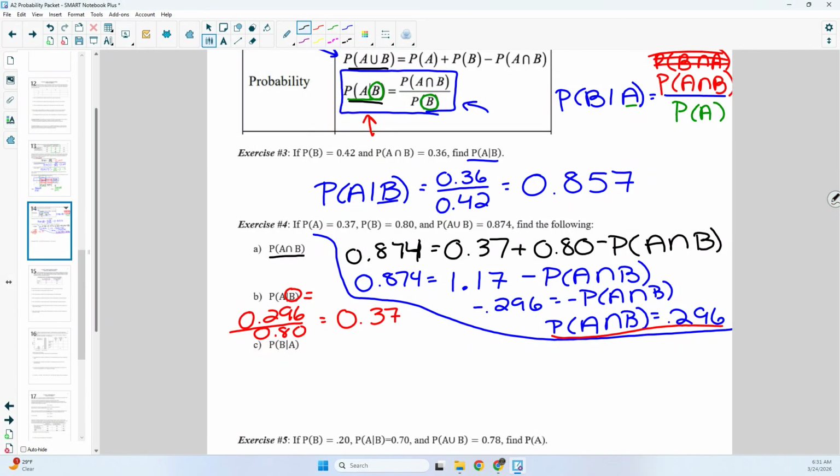For the probability of B given A, I am going to have on the bottom now the probability of A, which is 0.37. And in my numerator, I have the intersection, A and B, which I have over here, which is 0.296. So this is about 0.8, but that's basically what the probability of B given A is. And we already talked about how they're not going to be equal to each other in most cases. And we can see we got 2 different answers for B and C.